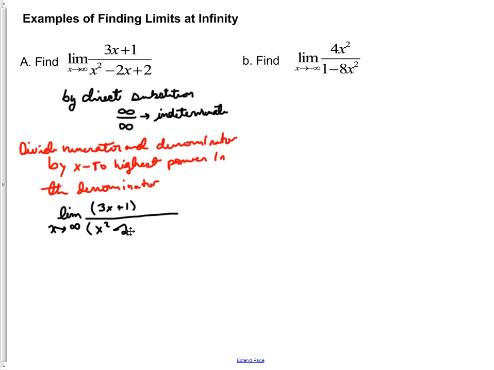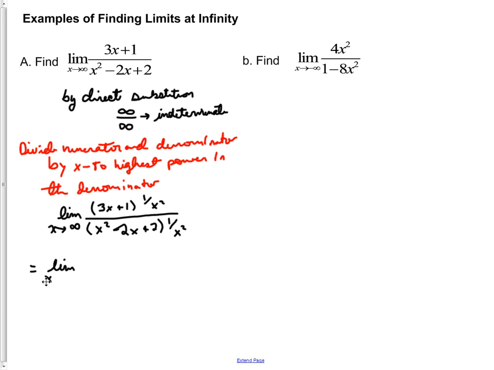The rule says to divide the numerator and denominator by x to the highest power in the denominator. Well, that's x squared, so I'm going to multiply by 1 over x squared in the denominator and in the numerator, which seems like an awfully funny thing to do until you actually carry out that multiplication. We're going to distribute.